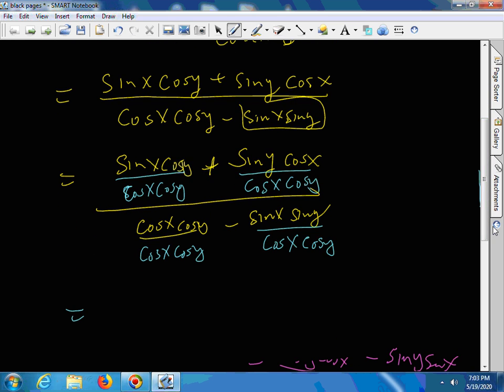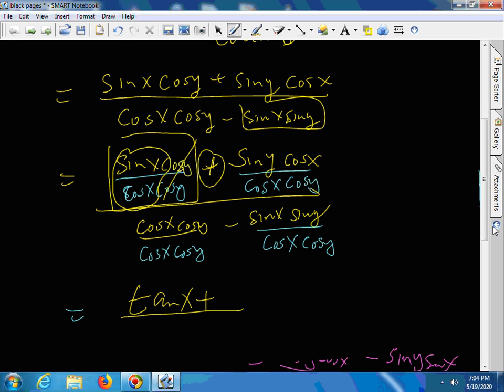And let's see what we get. Well, we get a division. So what does this piece become? Well, pretty clear that the cosine y's cancel out, and you're left with that, which is tangent x. Tangent x plus, here, you have cosine x's canceling out, so you're left with sine y over cosine y, that's tangent y.